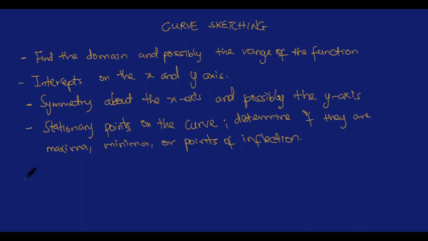To find out if it's maximum, minimum, or a point of inflection, we perform the second derivative sign test. So we find the second derivative of the function, then we substitute the relevant values and check if it's greater than zero in the case of minimum values, less than zero for maximum values, and equal to zero for points of inflection.